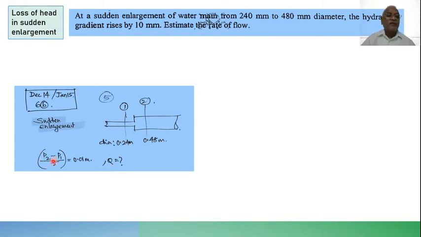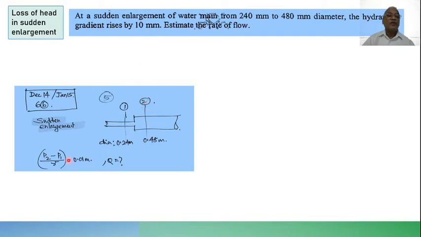Now here you can see P2 minus P1 by gamma, that is the rise or fall. P2, the pressure at 2, is more because it is said the gradient rises.